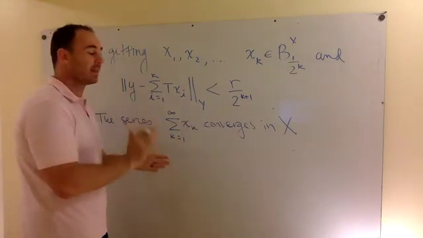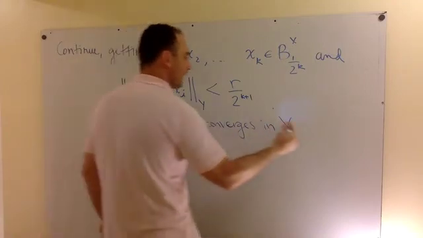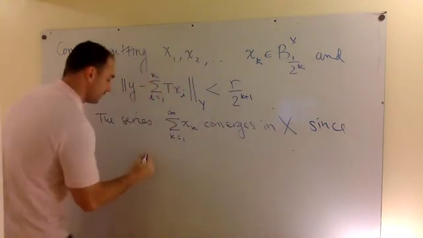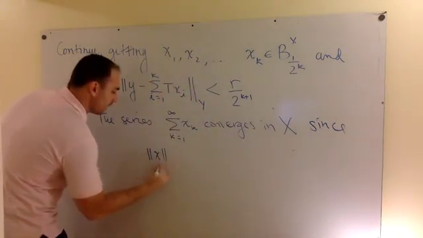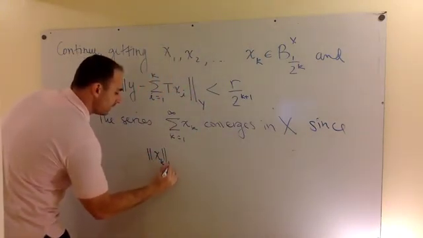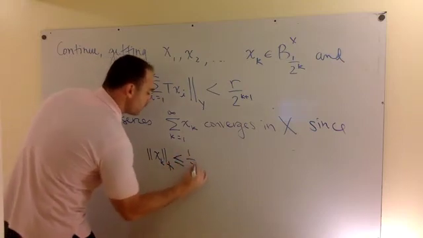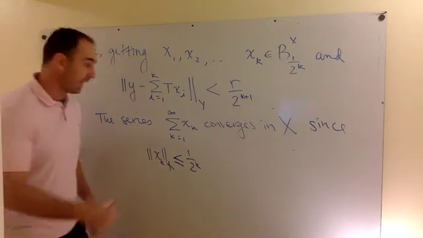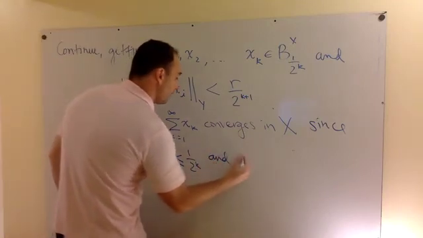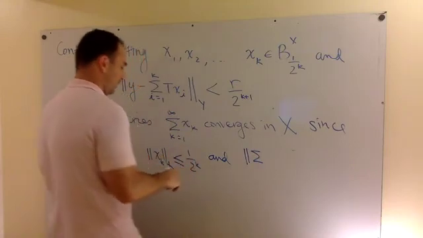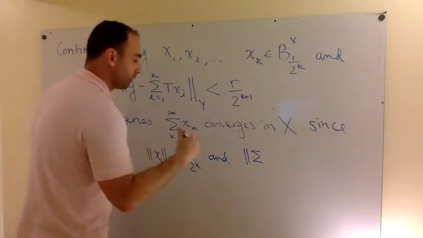X is complete, hence it will converge. Converges in X since these guys, xk, in X have norm less than 1 over 2 to the k. Oh, and sorry, these are strictly less than 1 over 2 to the k.